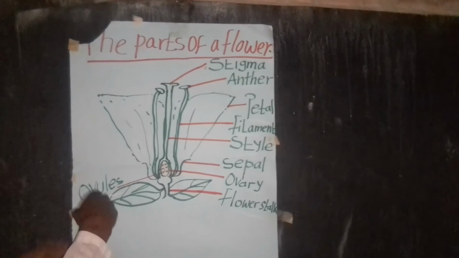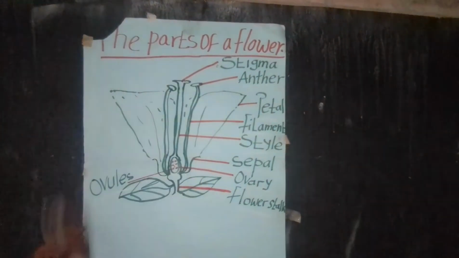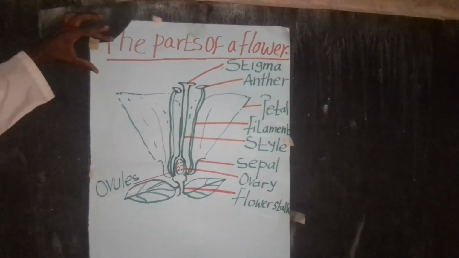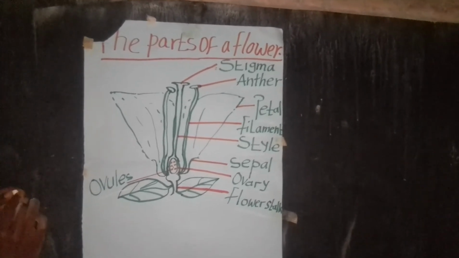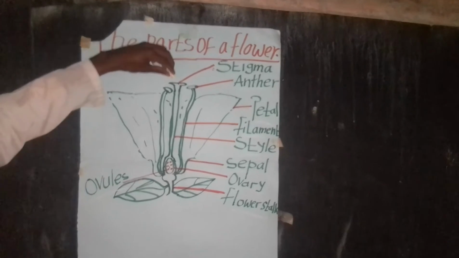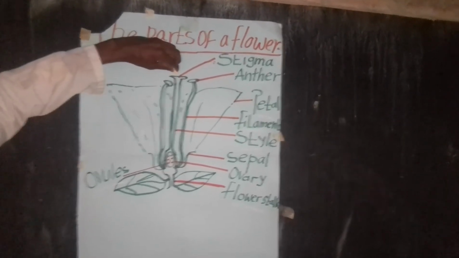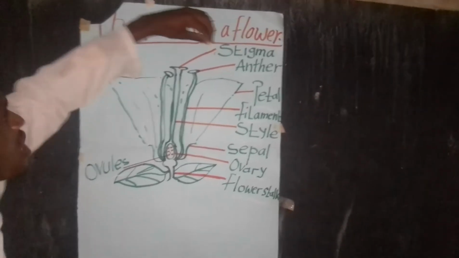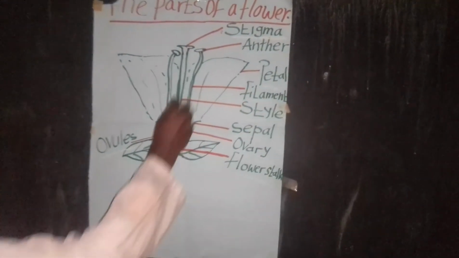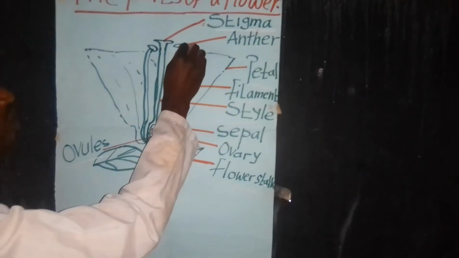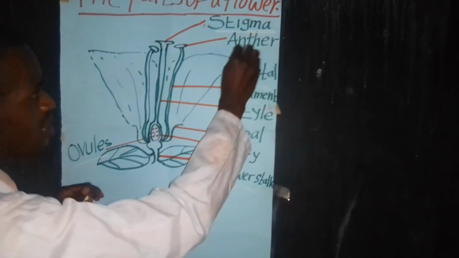This is a chart showing us all parts of a flower. We have seen this part. This part is called stigma. And then this part is called anther.